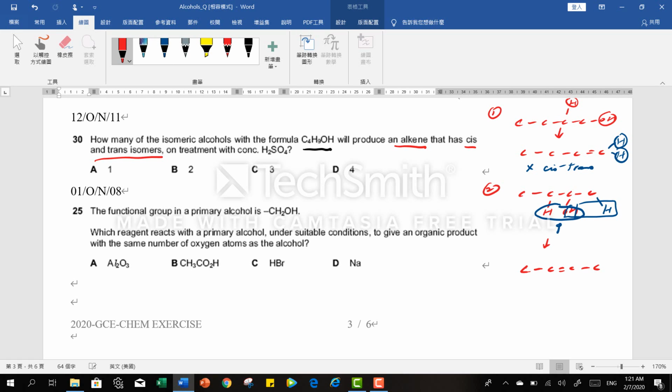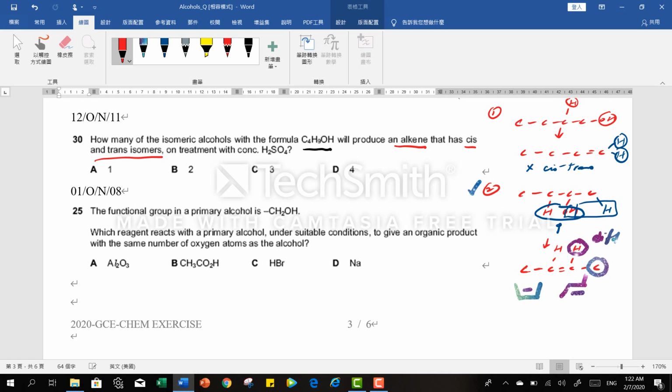Can you see that each carbon is bonding with this and this, and they are different? So this can exhibit cis and trans. This is very similar to the previous question. So remember this one, the first one that successfully produces a cis-trans isomer after dehydration.